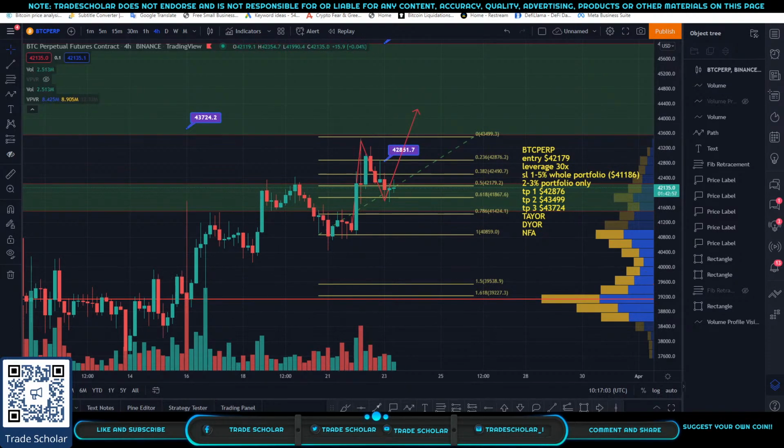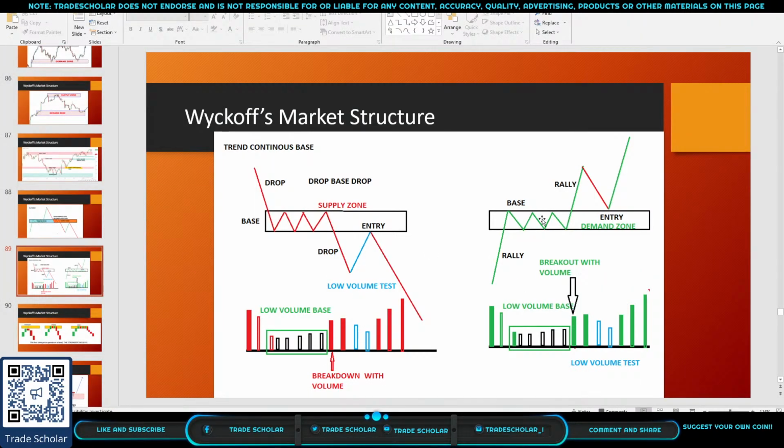So that's rally base rally. And let me show you rally, base, and then another retest of the demand area, demand zone, and then pumps again. If it doesn't hold, then it will break below. If it doesn't hold this area here, then it goes down.